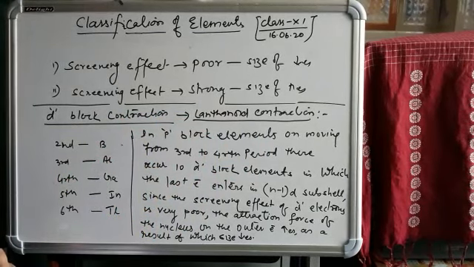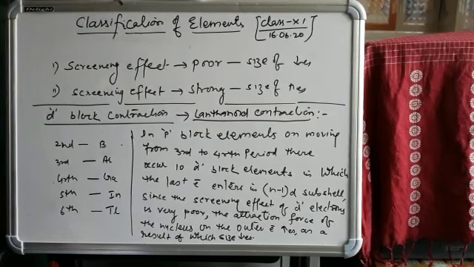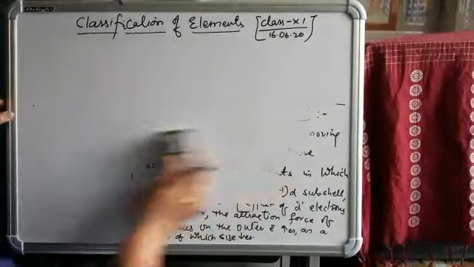During electronic configuration, we see the presence of the f orbital, and we know that f orbital electrons do not properly screen the nuclear charge, so the nuclear charge effectively falls onto the outermost electron, and that is the reason for the contraction of lanthanides. Write down the points also. What is lanthanide contraction?